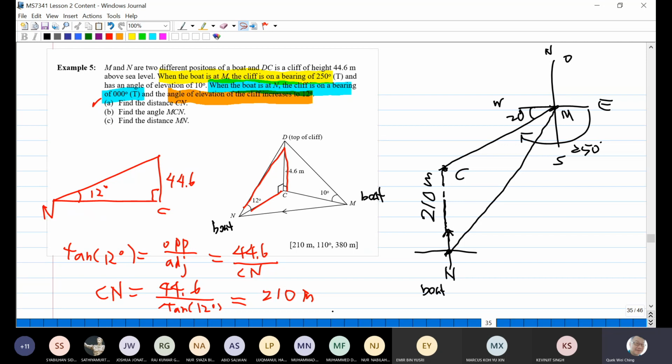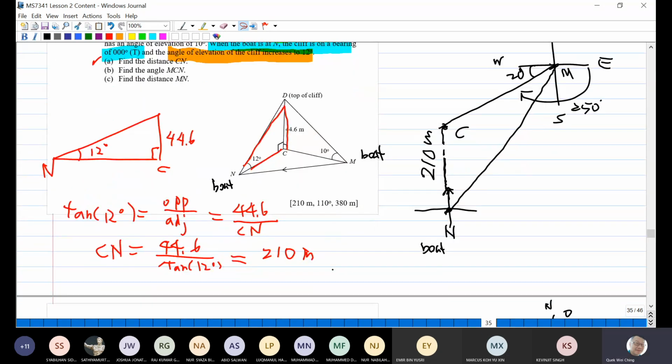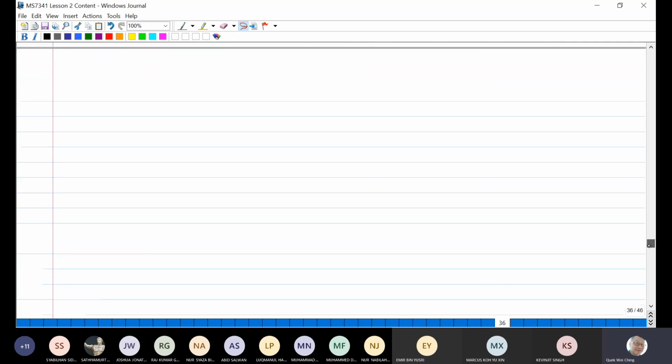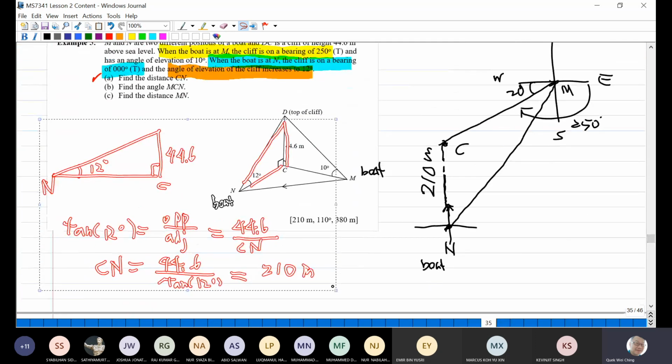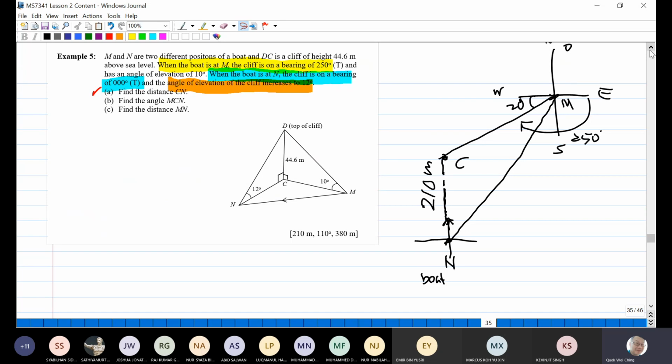Let me erase this now. Can I find angle MCN first, from the bearing here? So where is angle MCN? Is it this angle here?